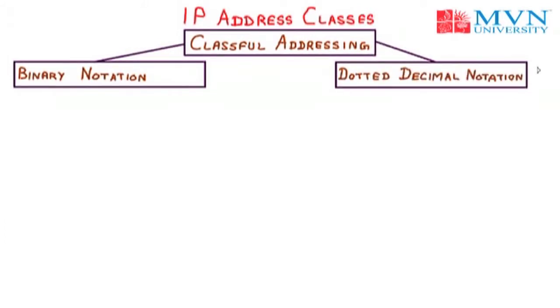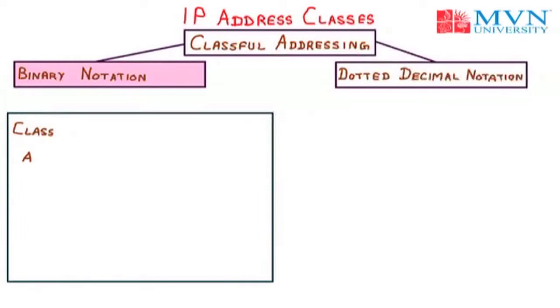Firstly we will start with the classful addressing of binary notation. So first of all we will discuss the binary notation of IPv4 addresses. We will draw a table. Now, in the binary notation, we have the 5 classes.